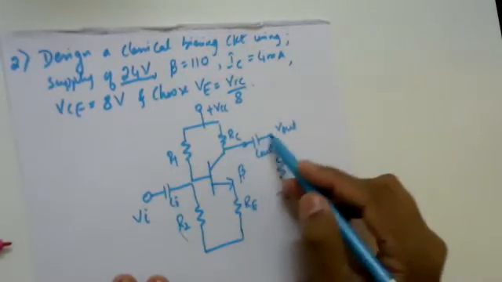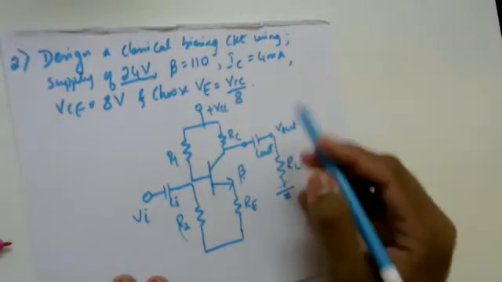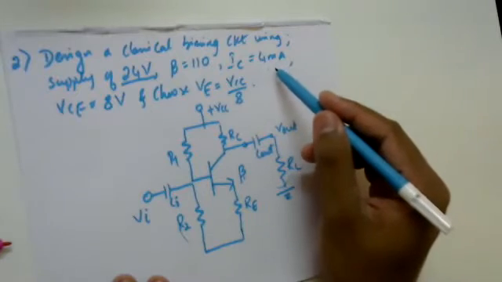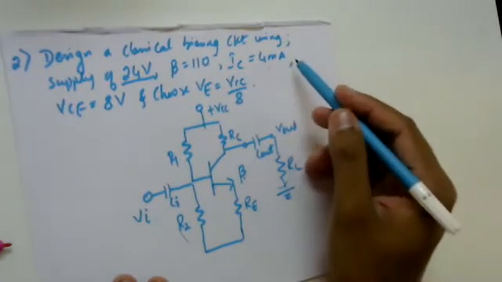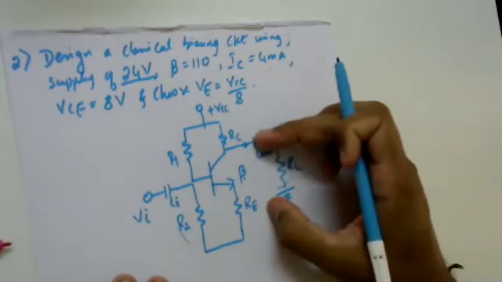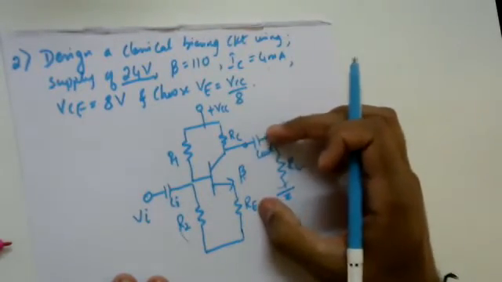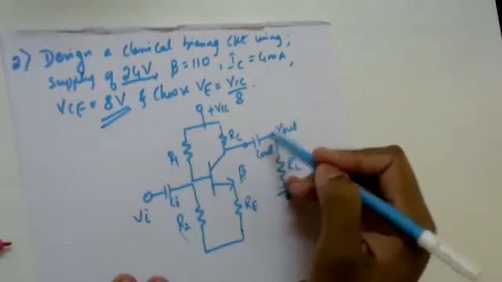Your output current IC should be capable of driving a maximum load current of 4 milliamps. And he is also saying that VCE, nothing but your output voltage, has to be equal to 8 volts. So he has given you output voltage and output current.